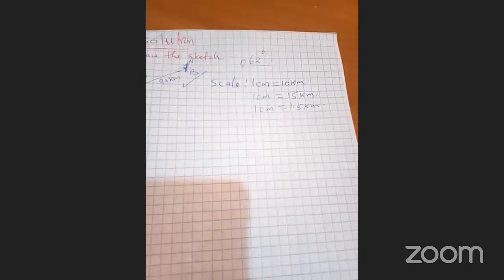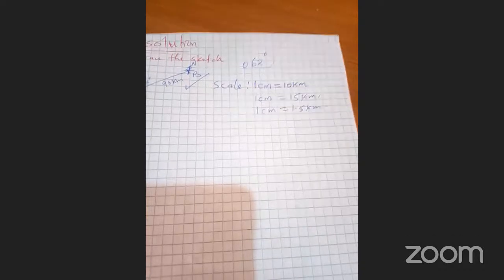I want us to come up with those scales so that we see which is the most appropriate one. It is good you contribute, because in the exam you will remain with your own. Another one: 1 centimeter is equal to 10 kilometers.